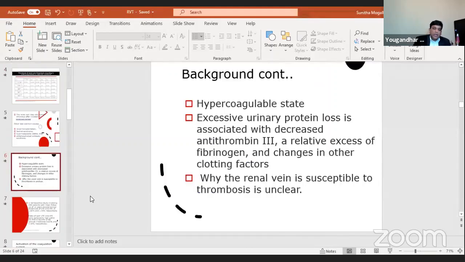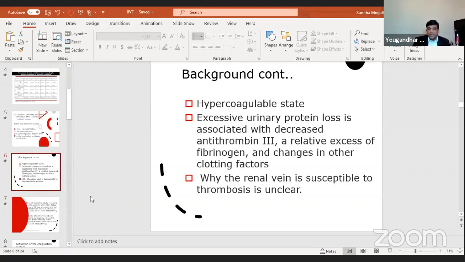We'll be touching on pathophysiology in the coming slides. Like every other thrombosis, including COVID-19 that our speakers have mentioned, it's always the balance between the forces of coagulation versus the mechanisms of anticoagulation. Nephrotic syndrome tips the balance towards a hypercoagulable state.